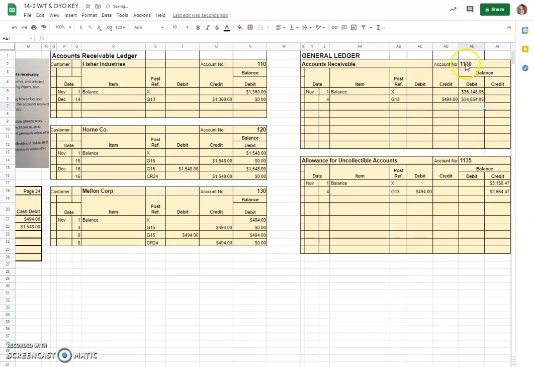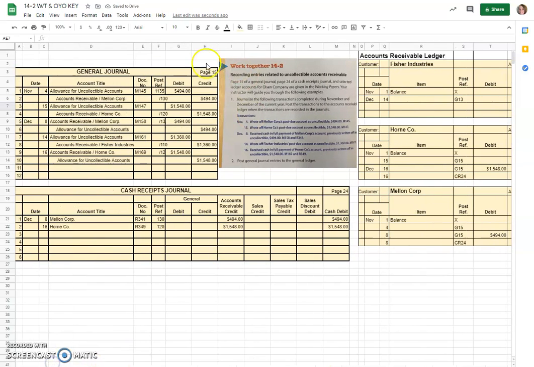And this was account number 1130 for accounts receivable. So we just come over here and we enter that. And then that one is posted. So I'm going to use that same process of posting for the rest of this general journal, and then I will start with posting cash receipts.